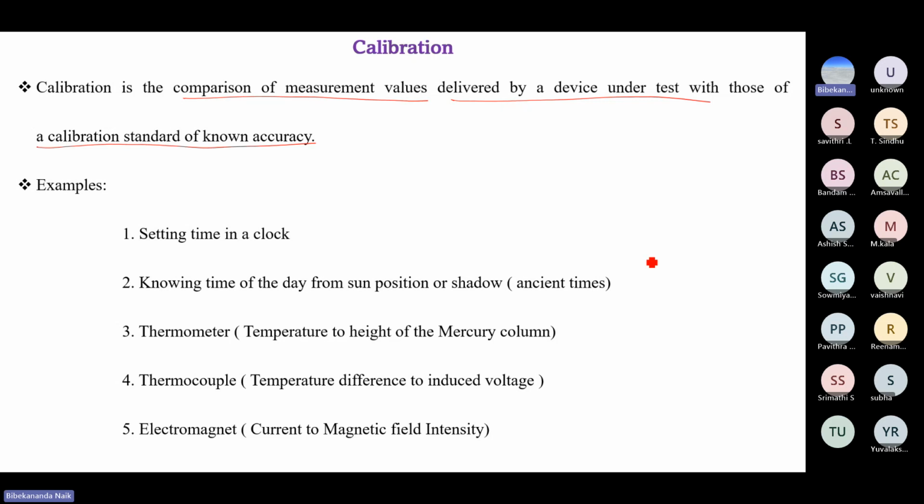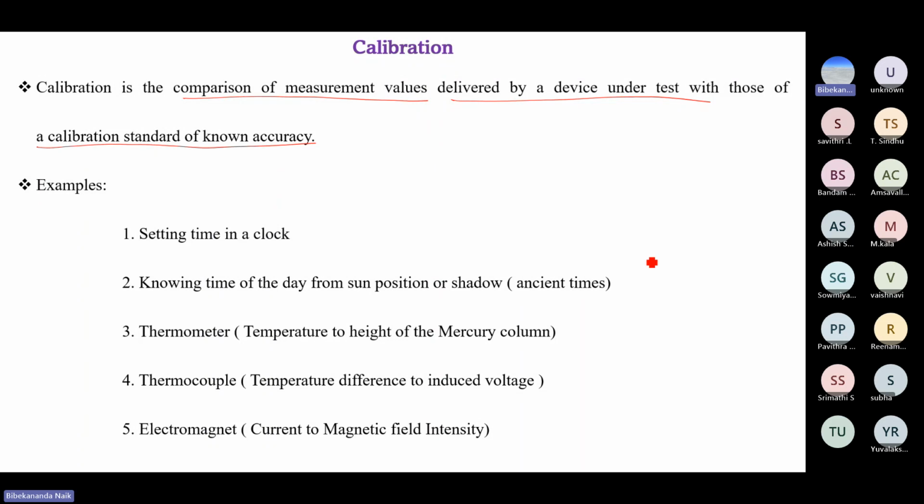So the thermometer is calibrated with respect to the height of the mercury column, and that height is divided into a number of divisions, so that it shows us the temperature of a substance.